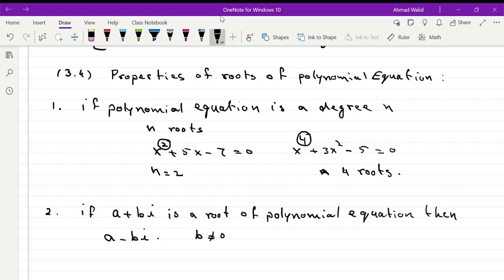The coefficient of i is not 0, correct? And you saw it when we solved quadratic equations.